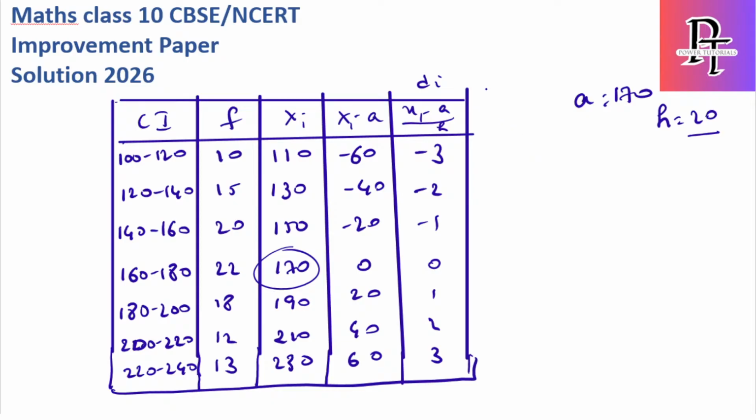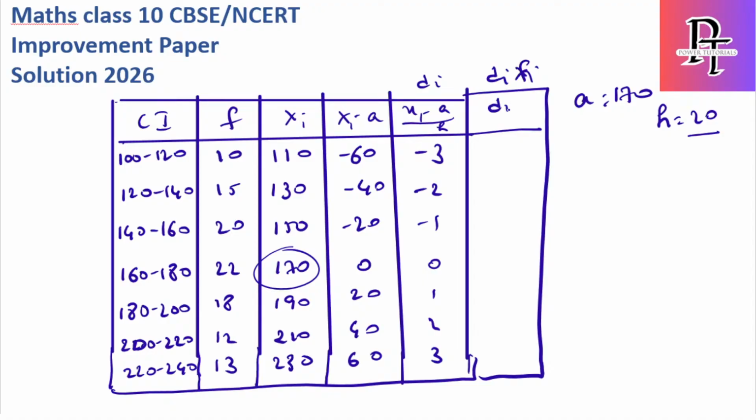So we also need a di times fi value. I'll write one more column, di fi. di is XI minus A by h. So minus 3 into 10 is minus 30, again minus 30, 20 into minus 1 is minus 20, 0, 18 into 1 is 18, 12 into 2 is 24, 13 into 3 is 39.